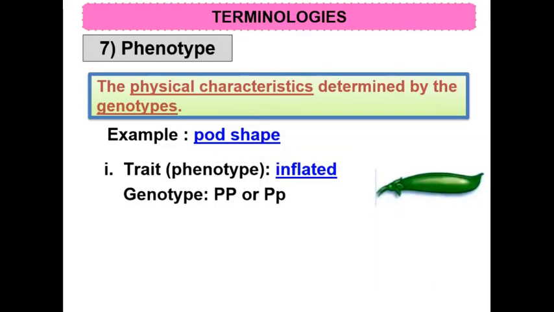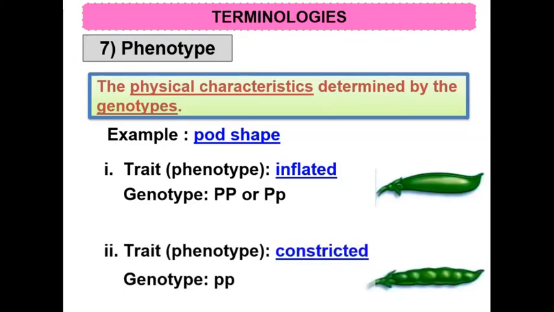Dominant phenotype is inflated pod shape determined by two genotypes, capital PP or capital P lowercase p. And recessive phenotype is constricted pod shape determined by one genotype, lowercase pp.